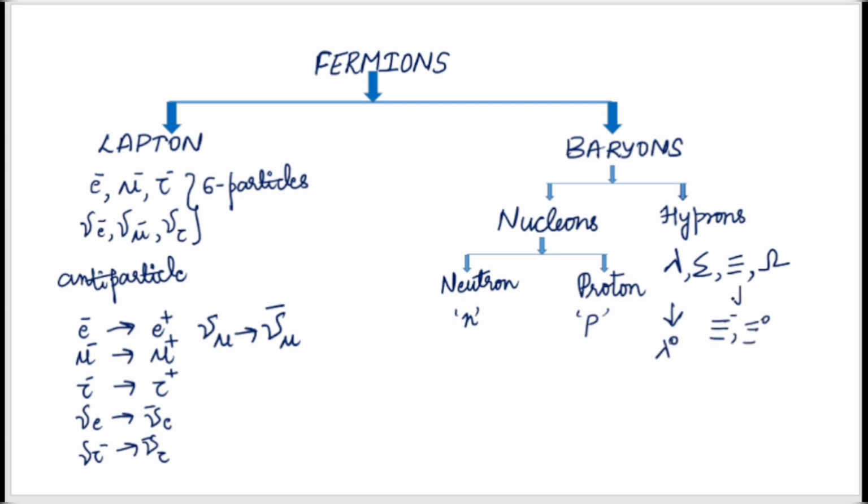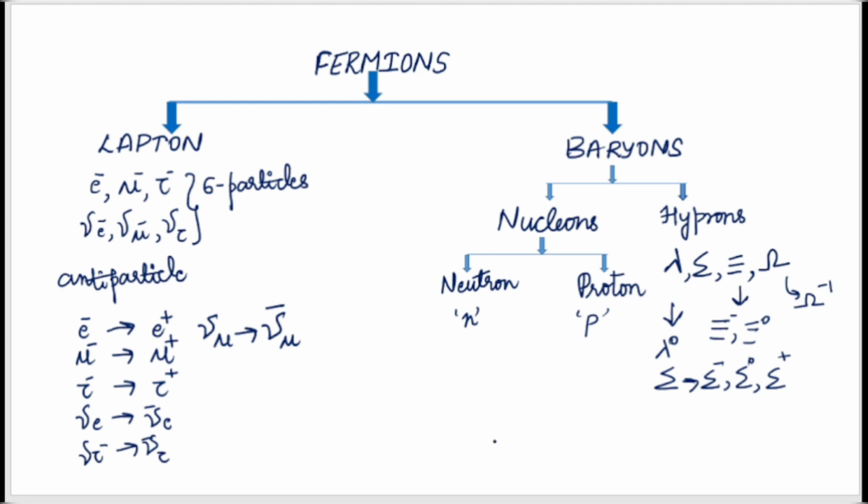Sigma is divided into three particles called sigma 0, sigma negative and sigma positive. And omega is omega to the power of minus 1. This is the classification under the particles itself.